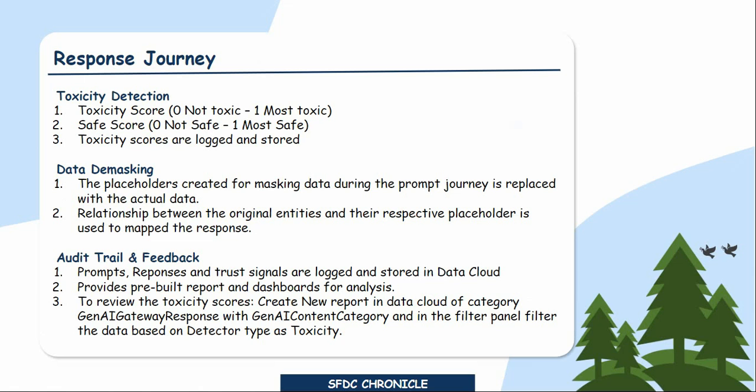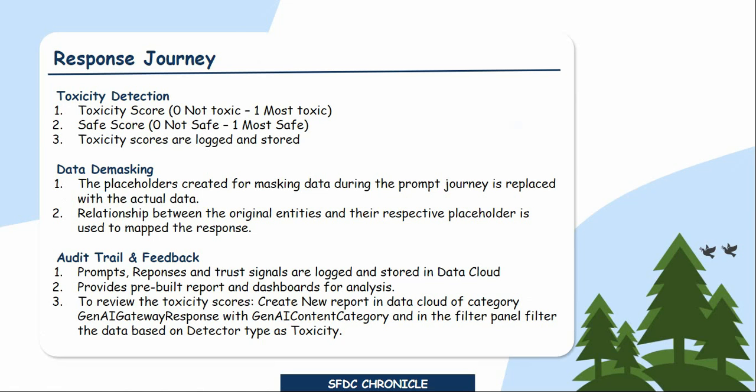Now, the first thing the Einstein Trust Layer will do is scan the response and check whether the content contains toxic content or not, whether the content is safe or not, and it will score it based on that, where 0 means non-toxic and 1 means most toxic. And for the safe score, 0 means not safe at all and 1 means most safe.